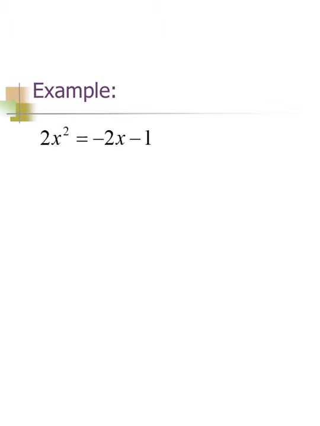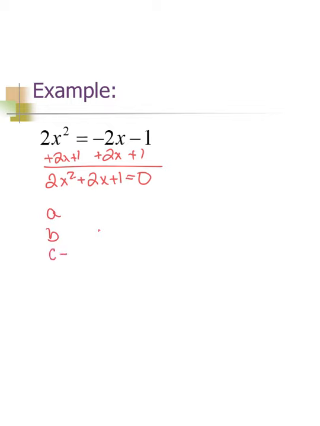Next example, first thing, it's not equal to 0. So I'm going to move these two terms to the other side so that my equation is in standard form. I'm going to list off to the side my A, my B, and my C. We're going to write down the formula.